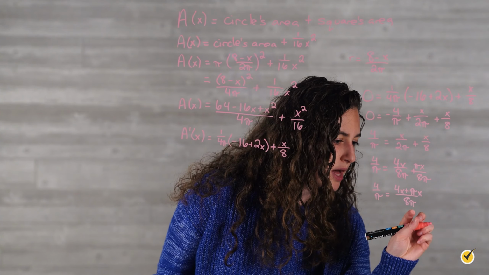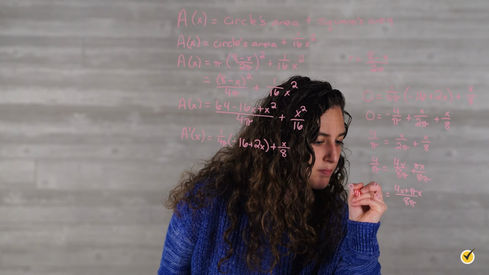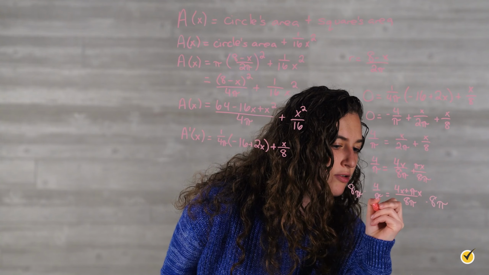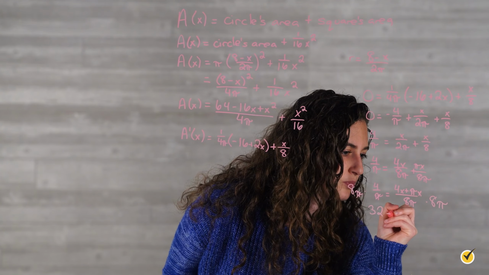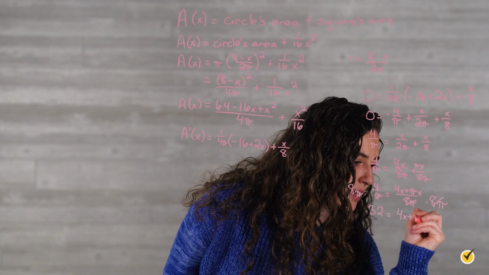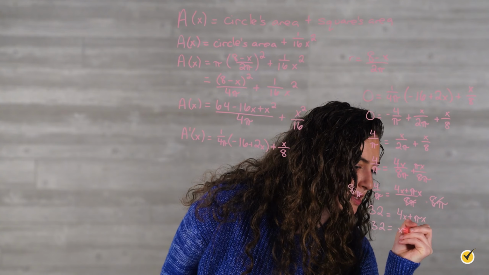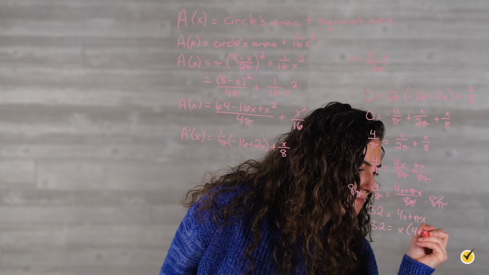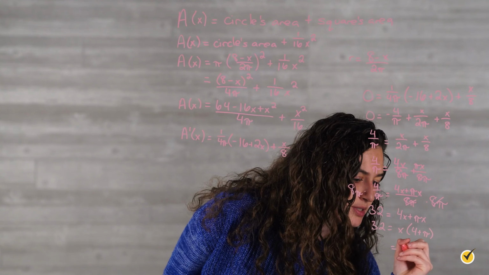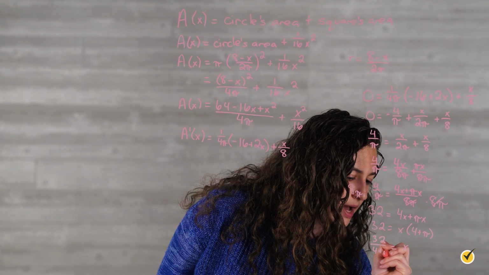Then we can multiply by 8 pi on both sides. When we do that, our pi's will cancel out over here, and we'll be left with 32 equals, these also cancel out, so equals 4x plus pi x, and we can factor out an x on the right side to get x times (4 plus pi), and we can divide by 4 plus pi on both sides to get x is equal to 32 over (4 plus pi).